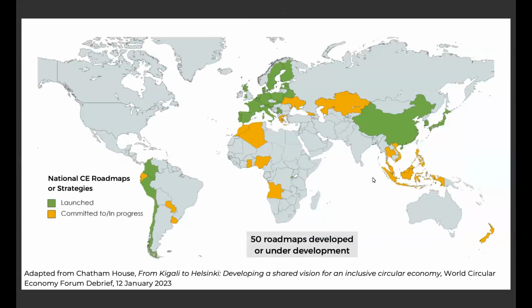If you look at this infographic that was developed by Chatham House, this really shows that just recently there have been so many national circular economy roadmaps or strategies or action plans. They're called the same, have been launched. So if you see the green color, they are the ones that are under development.